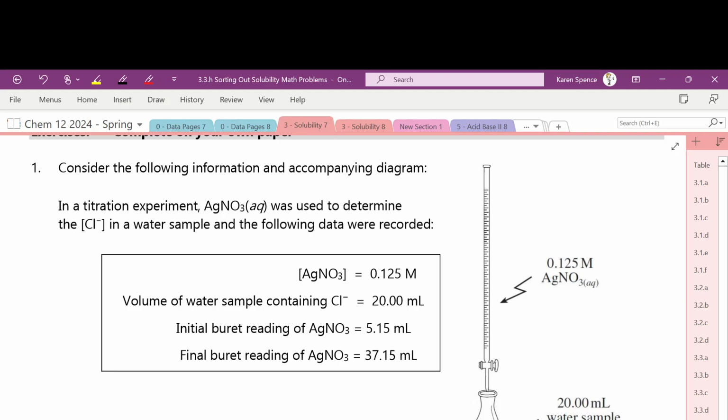But if it was lead chloride, which it's not, then the concentration of chloride would equal 2 times the concentration of lead chloride. It's 2 to 1, but it's 2 chloride to 1 of those.